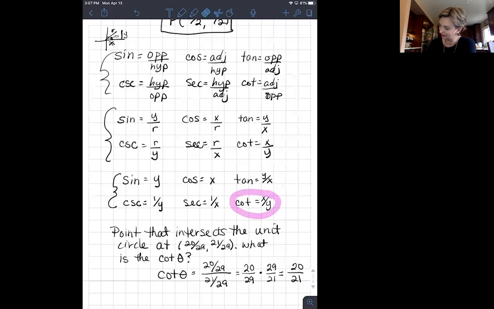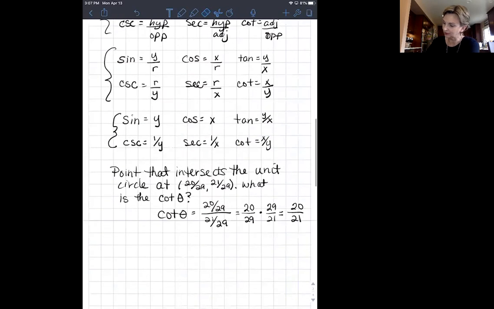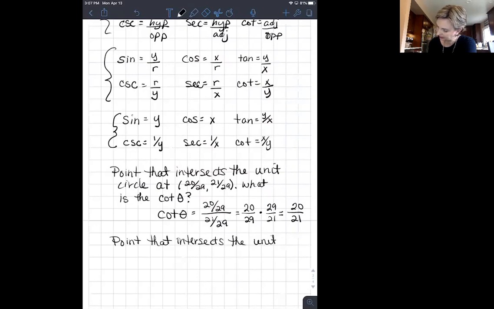Let's do one more of those. Let's say we're told that the point that intersects the unit circle is, let's pick, -12/13 and -5/13 this time.